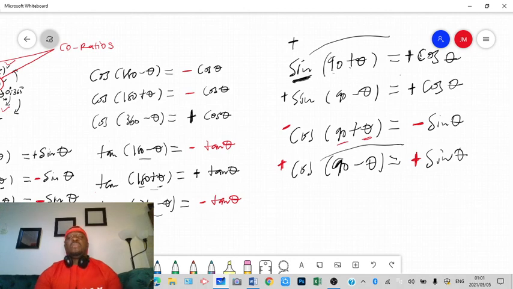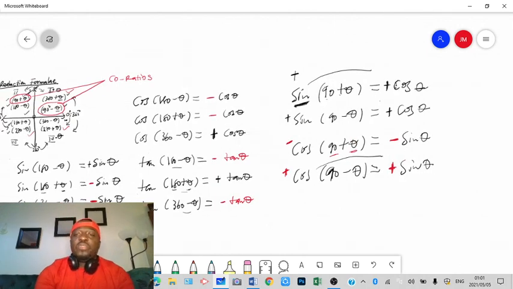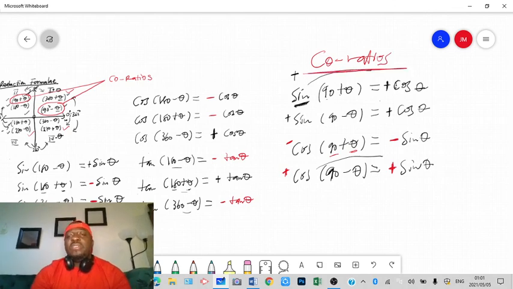Is still positive. These are your co-ratios. So here we have your co-ratios simplification. All this information is for you to understand, but then this is not the real deal. We're going to use this in solving questions in the next session.